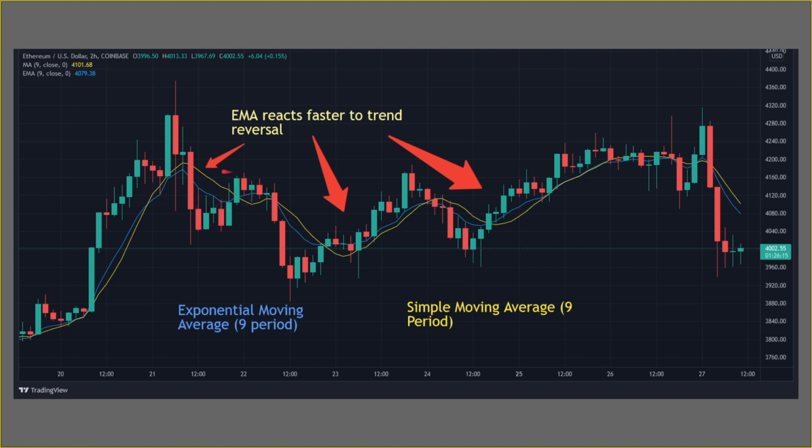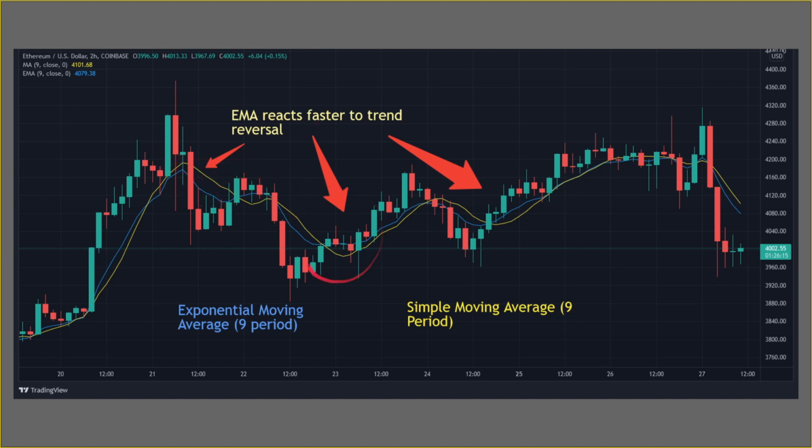Price is coming back up. At the same time, the SMA, or the basic moving average in yellow, is still coming down during the same time period. We also see here, this is another example, the EMA is reacting faster to the trend reversal.